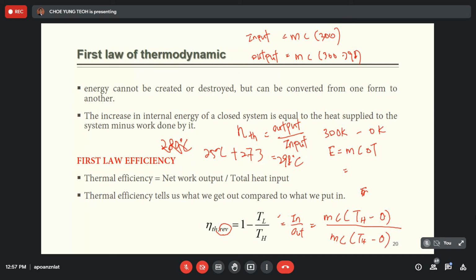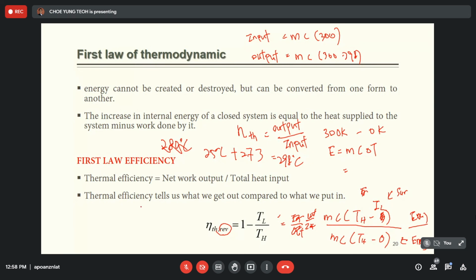This is the input, and the output will be T hot minus T low. High and low, high temperature and low temperature. This T low is the surrounding temperature. So output over input. This is referred to as the maximum possible output, the exergy, and the bottom is the energy.